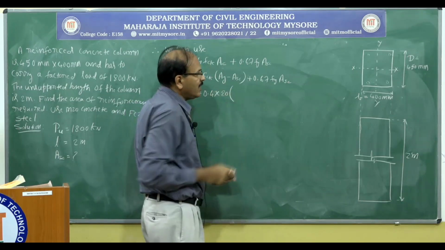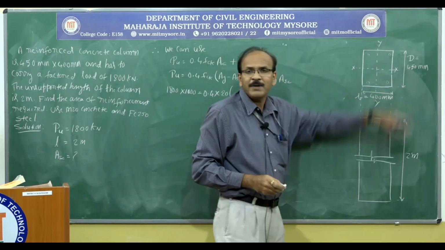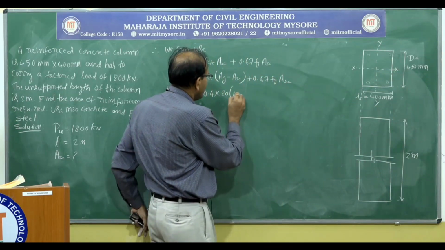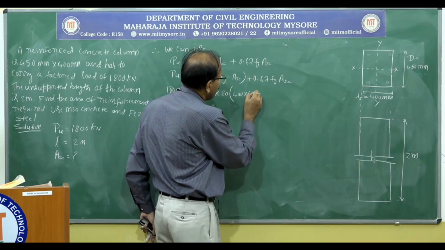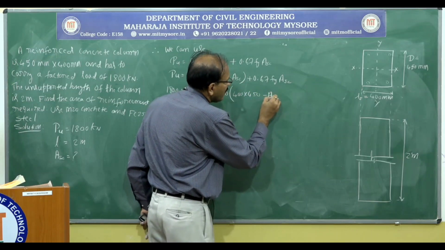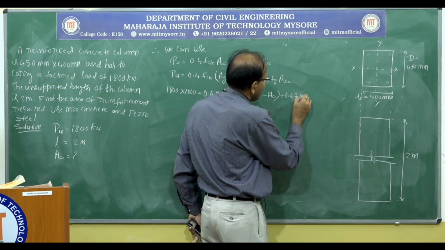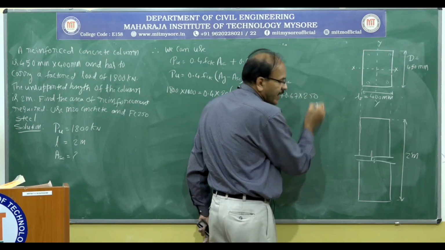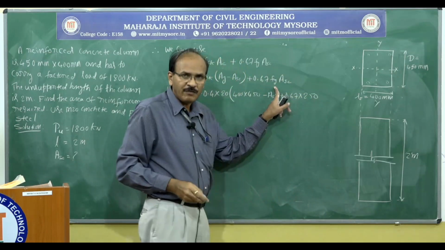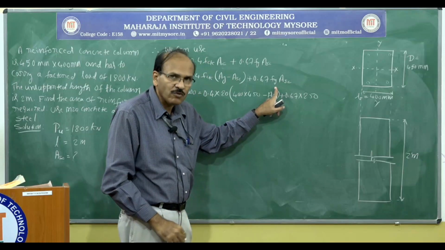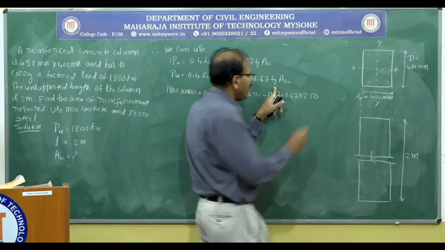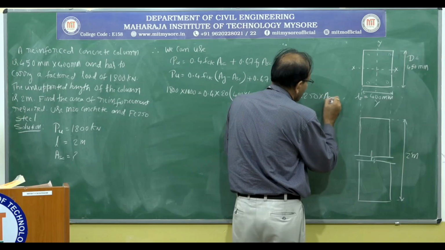So what is the gross area? Gross area is 400 multiplied by 450. So 400 multiplied by 450 minus area of compression steel plus 0.67 into 250. Be careful, this is not 415 steel, instead we are using 250 steel, multiplied by area of compression steel.